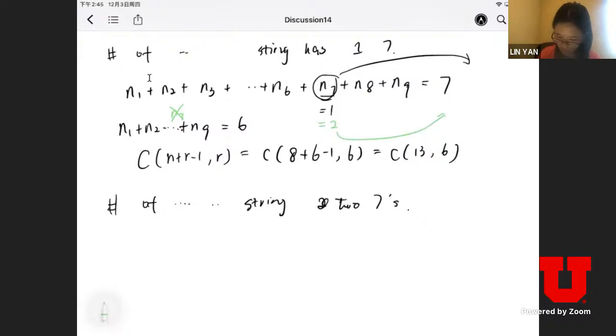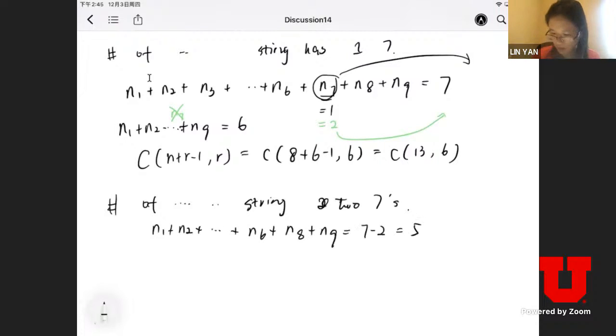Then we have n1 plus n2 plus n3 plus n6 plus n8 plus n9 equal to 7 minus 2, which is 5.